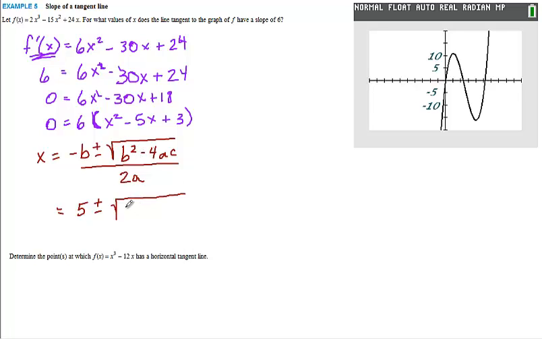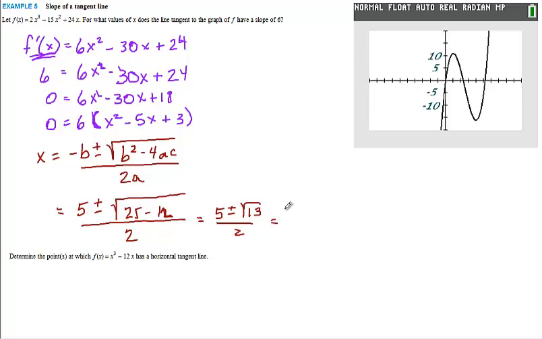Negative 5 times negative 5 is 25. 4 times a times c, that would be a 12. It's ugly, 12. All over 2 times a, that would just be a 2. So this would be 5 plus or minus square root 13 all over 2.